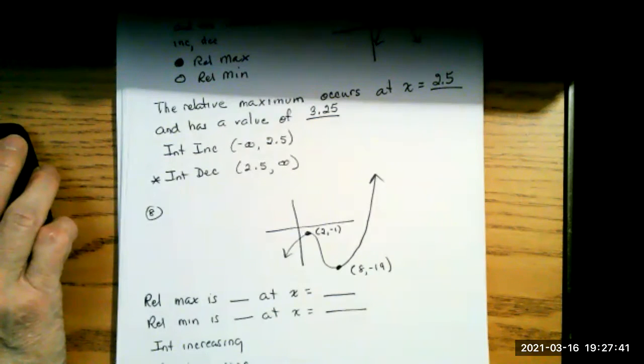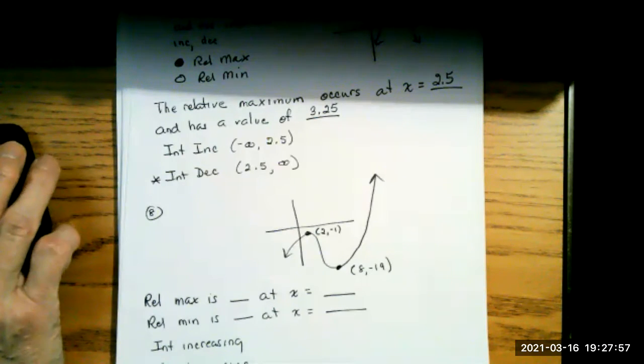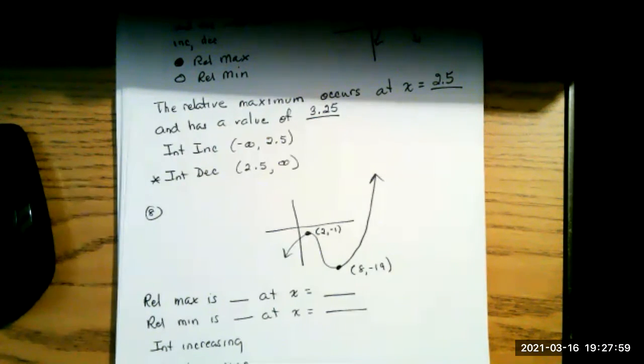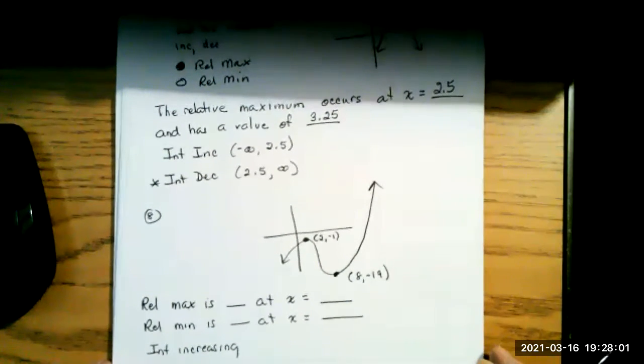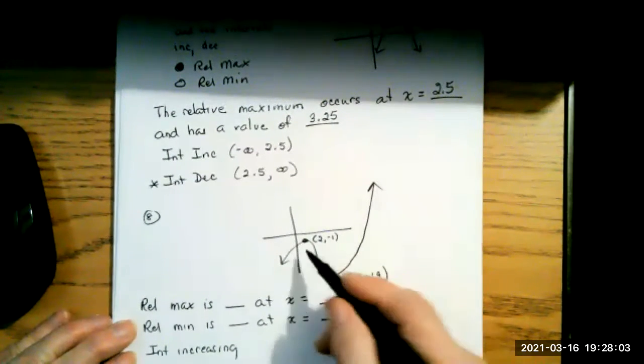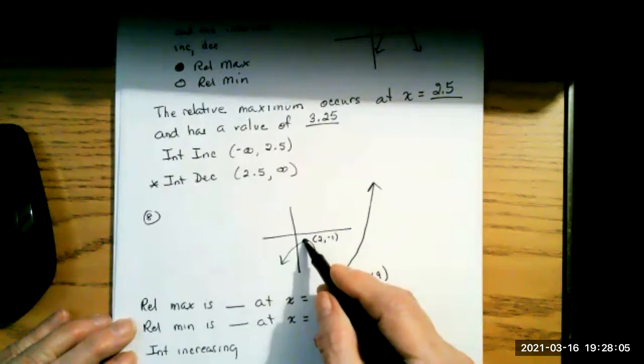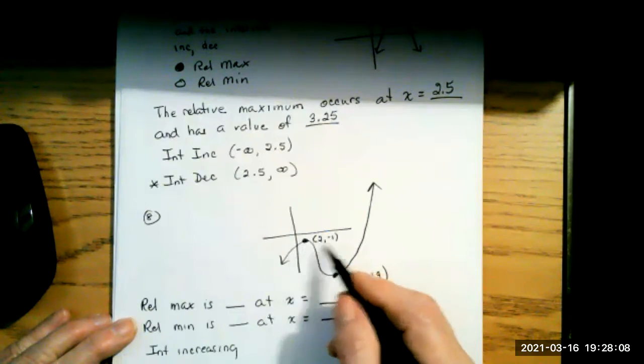So let me pick somebody. Let's see. Shaquila, can you do any of those blanks? This one was kind of a little tricky for me when I was trying it out, but is the relative max positive infinity, or is it at that point of 2, -1?